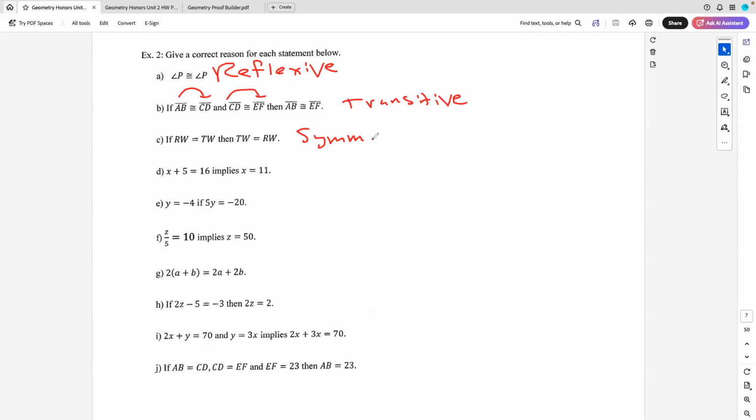Now for D, what mathematical operation happened there to get that solution? Subtraction. Subtraction. And actually, I'm cool if you write it like that. Because next up, what's the next thing I'm doing?